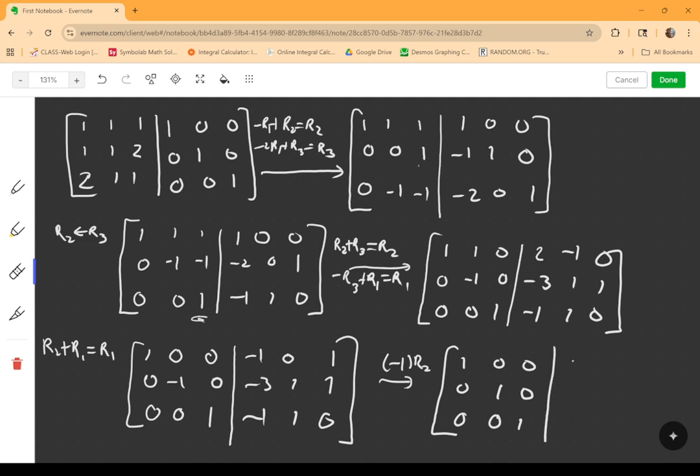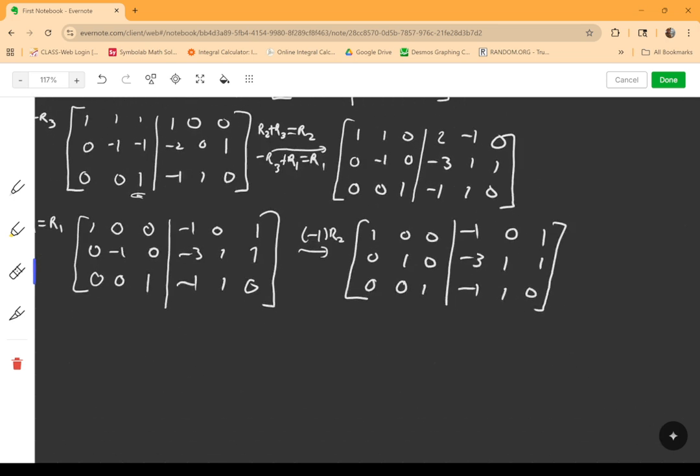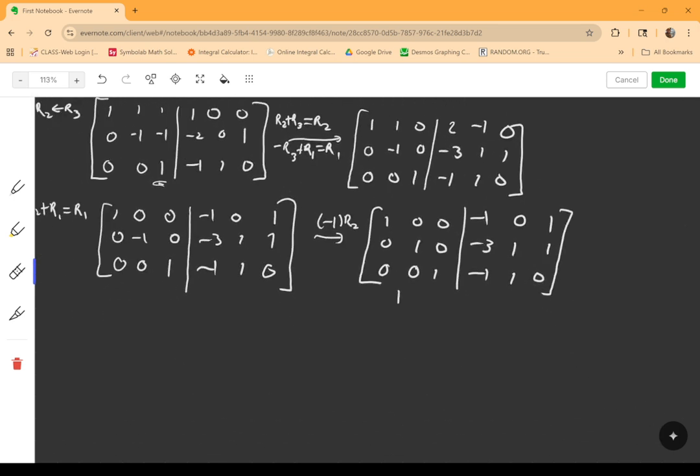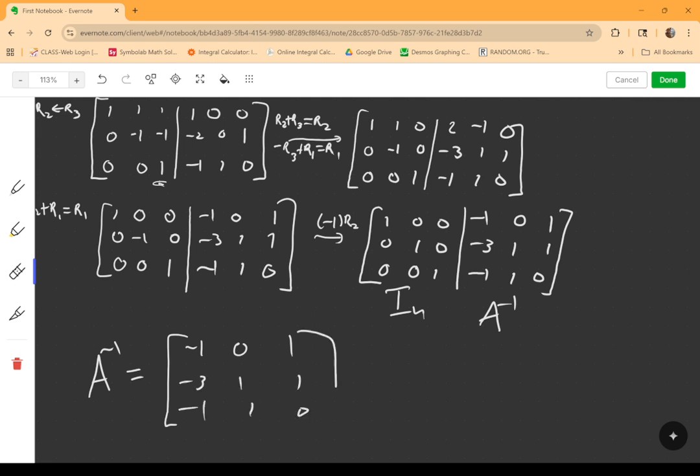Here we get the identity matrix on the left, but more importantly, on the right is our inverse. So A inverse is negative 1, 0, 1, negative 3, 1, 1, 1, 0.